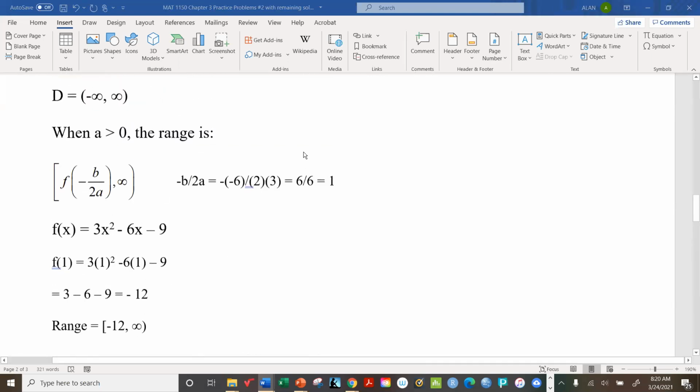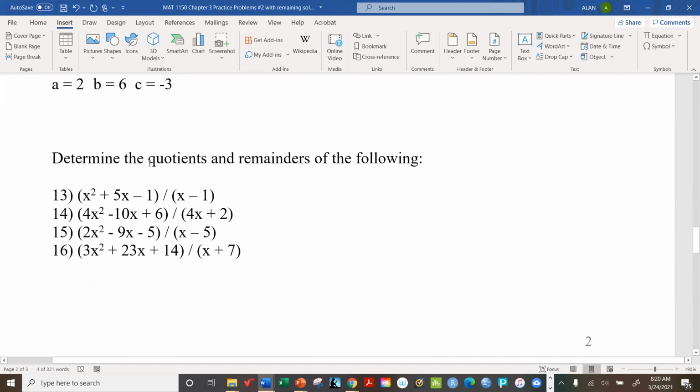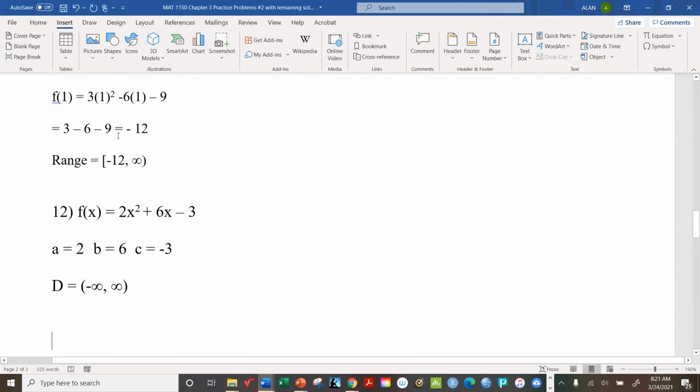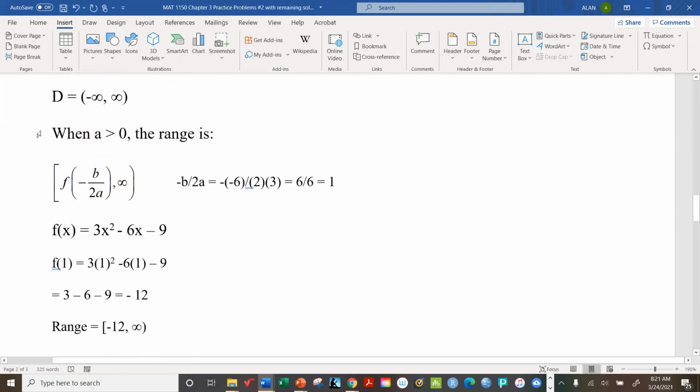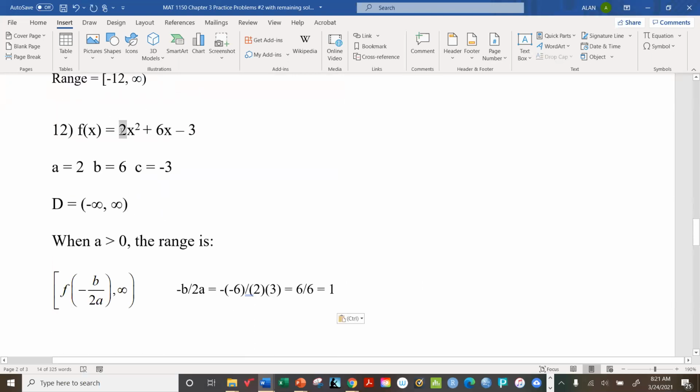All right, so anyway, let's get back to this. We know the domain automatically is negative to positive infinity, but the range, and once again, just by coincidence, a is positive, a right here, and so therefore we use this formula.